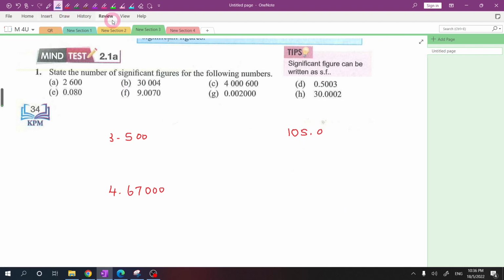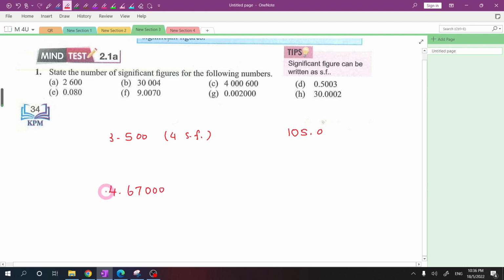Okay, let's go to the last situation. If you have a decimal, the zeros at the end of the decimal are significant figures. For example, how many significant figures do we have here? 1, 2, 3, 4. We have 4 significant figures.